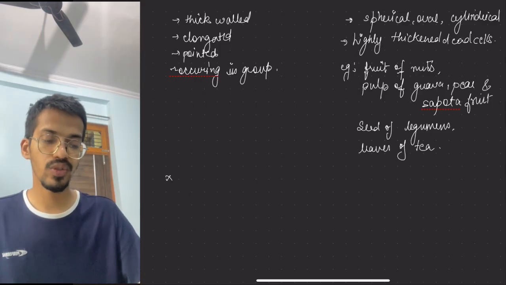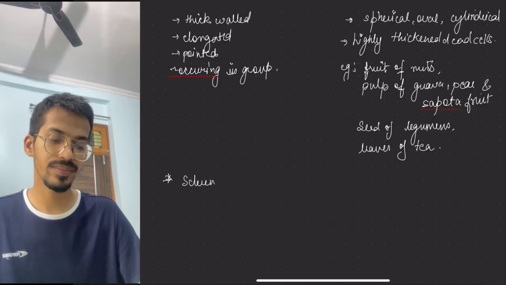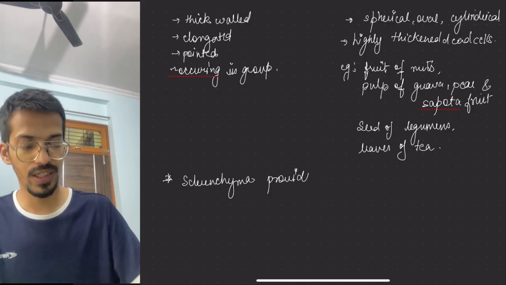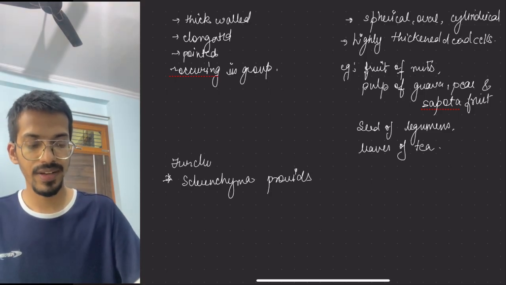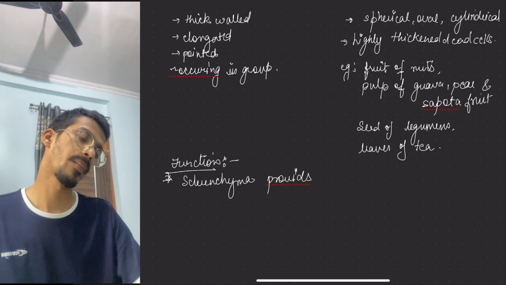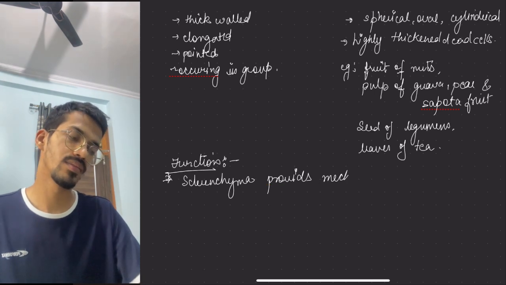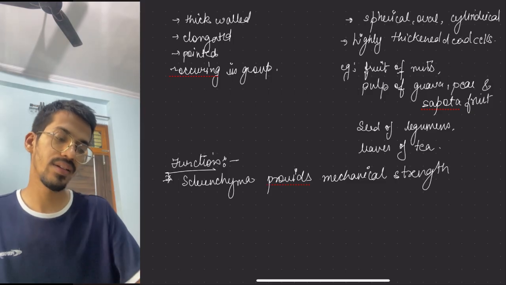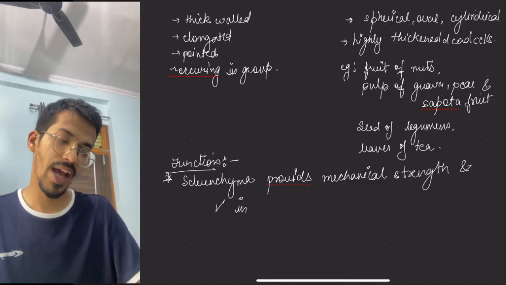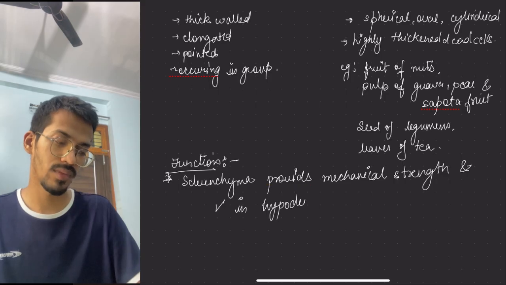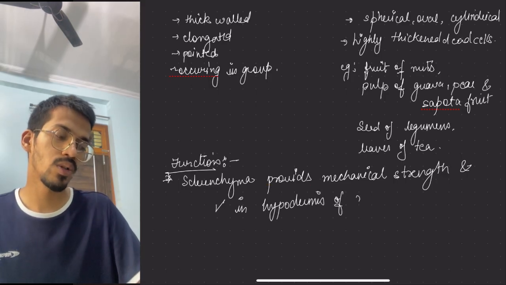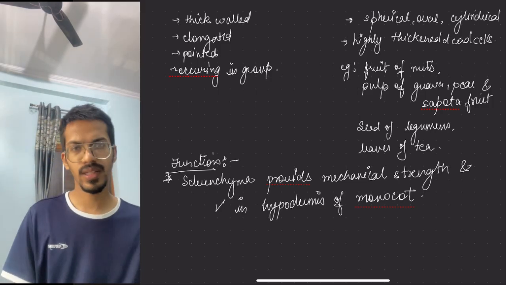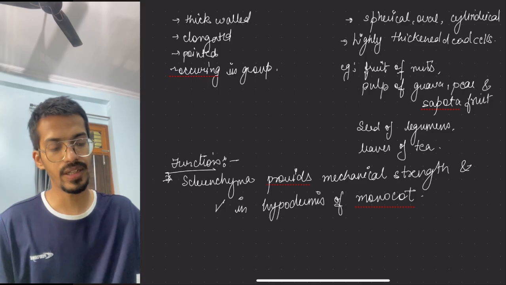So if I have to write, sclerenchyma provides mechanical strength, and it's present in the hypodermis of monocot stem. Clear? This we will learn later on again.